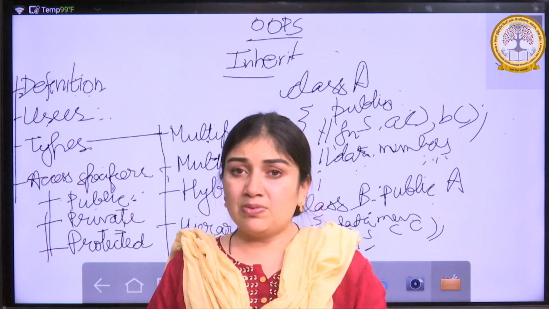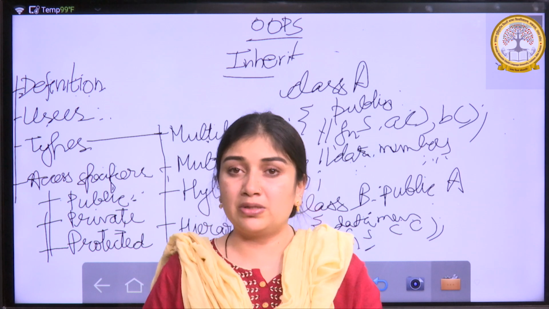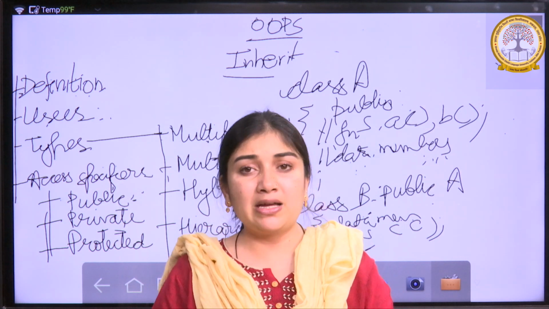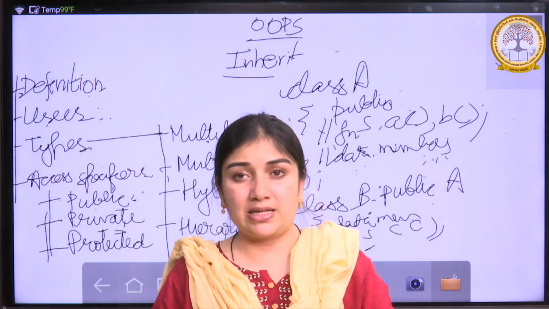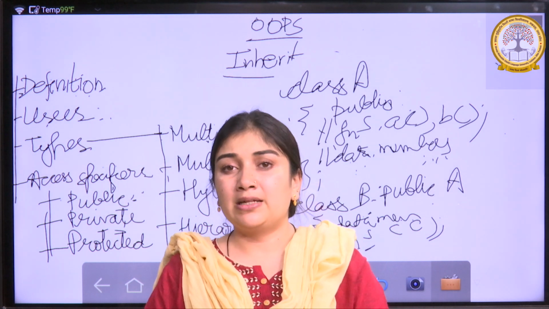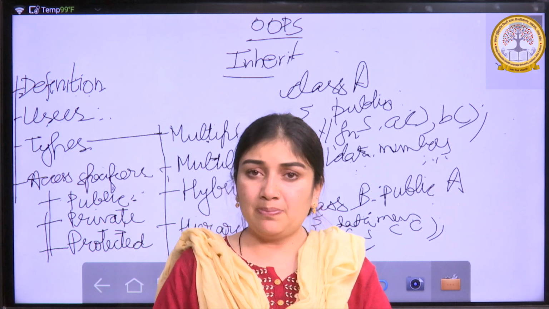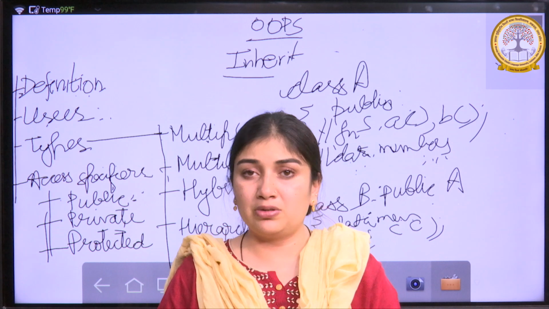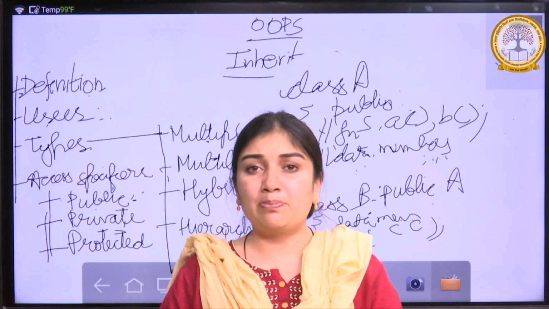Suppose I am the parent class, and there is some other class who wants to inherit me. I have some of my own functions that I want to keep restricted to myself, and I don't want those properties to be inherited or obtained by any other class. So in that case, I can make those particular functions private.